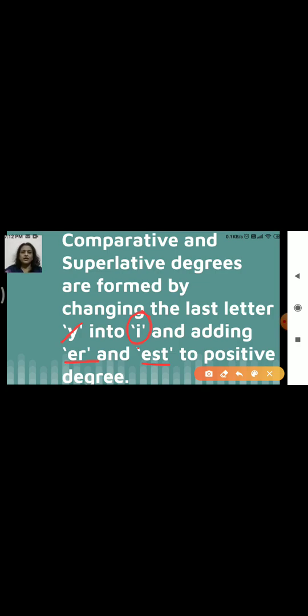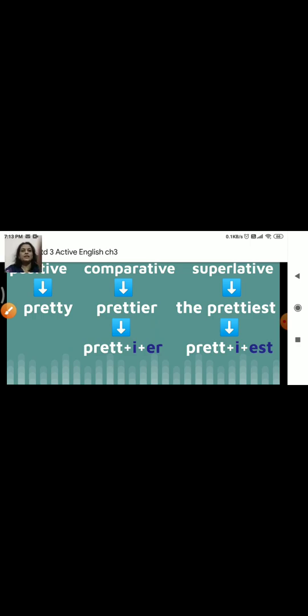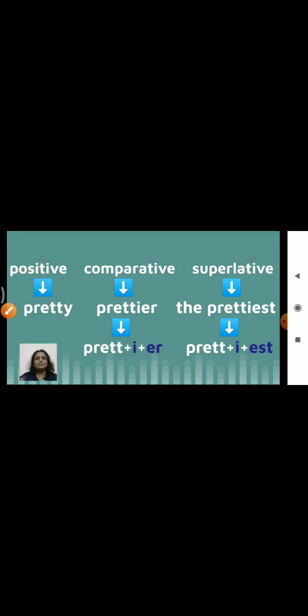Followed? What do we do here? The last letter Y, we cut it. Instead of Y, we add I, and then we add more letters, that is, the letters which we have to add for our comparative and superlative degree, that is ER and EST. Here you can see the example, the word pretty.